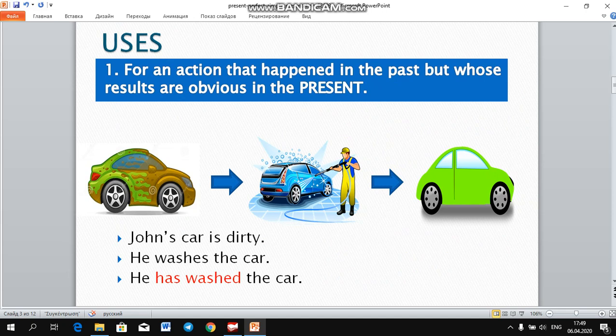The exact time is not important. For example, look at the picture. John's car is dirty. He washes the car. He has washed the car. And as a result of this action, we can see the clean car.